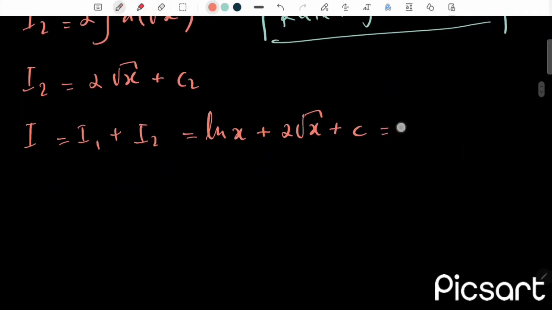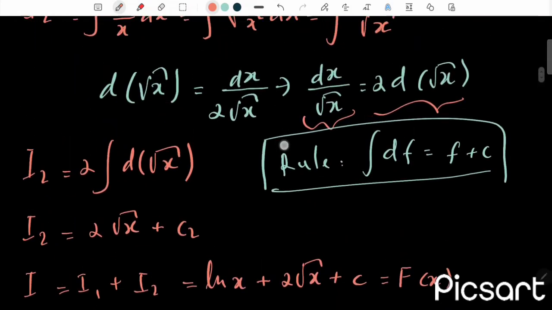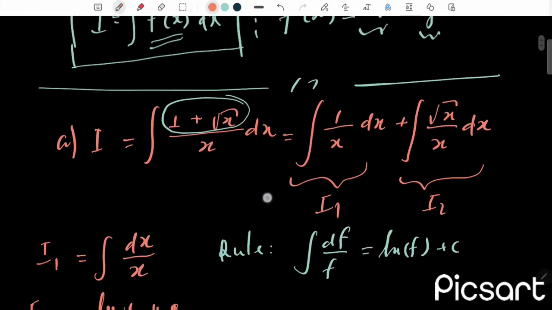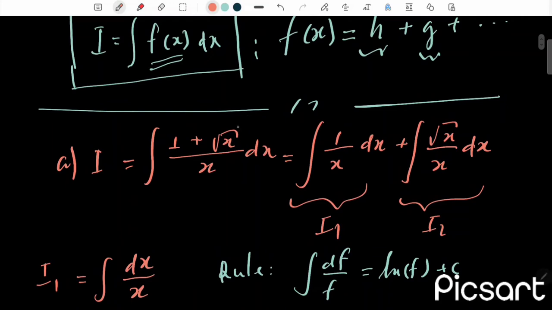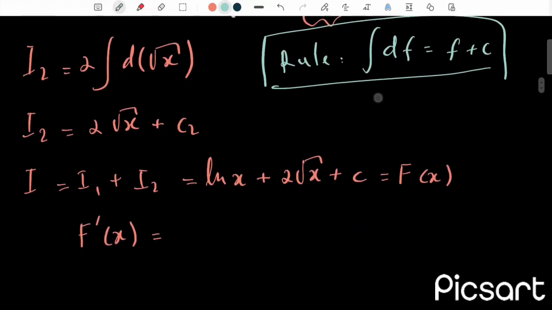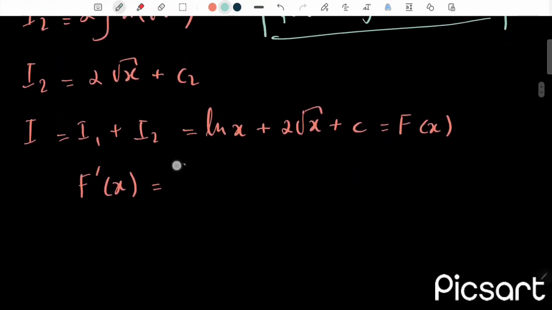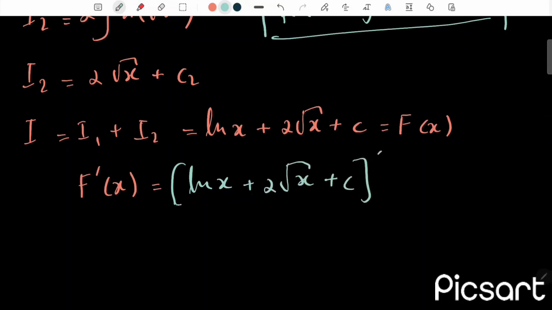We can show that this is actually the solution. If we take the derivative of F, we know that this derivative must be equal to the original function in our integral, which is 1 plus square root of x over x. Here F is ln of x plus 2 times square root of x plus c.